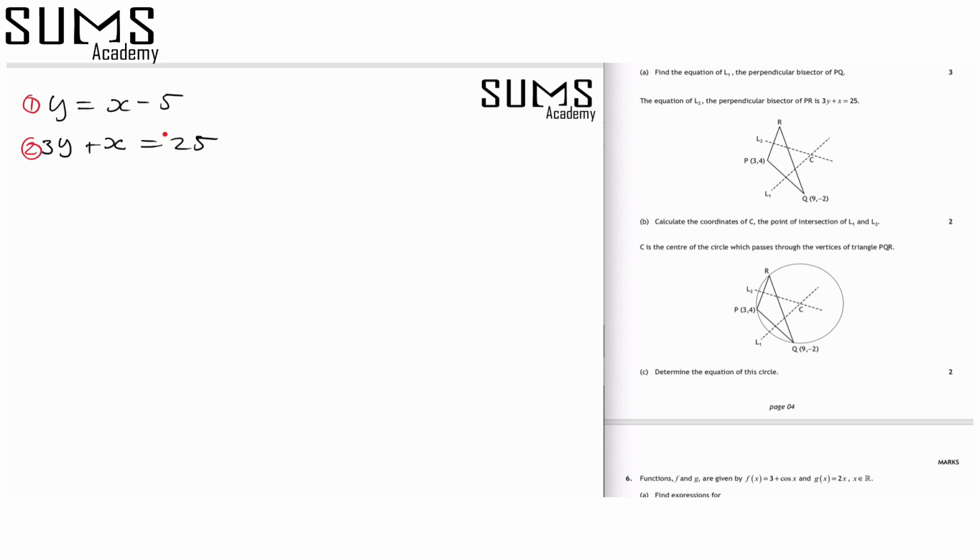Some people prefer it different ways. For this example, I'll move all the letters to the left and keep all the numbers on the right. So that becomes y minus x equals minus 5, and this becomes 3y plus x equals 25.